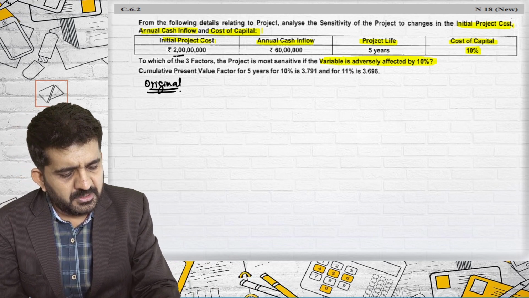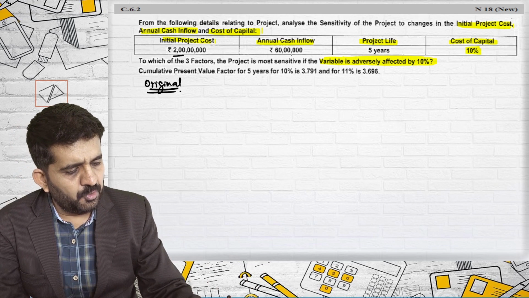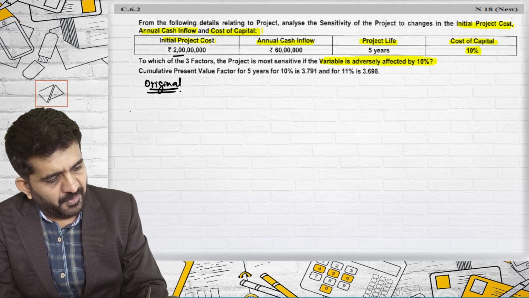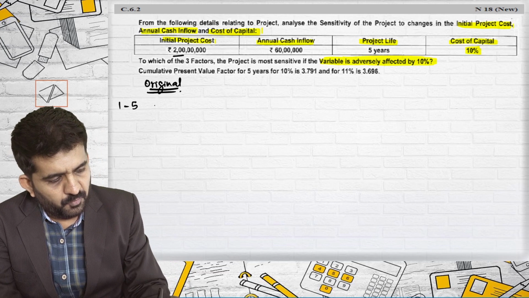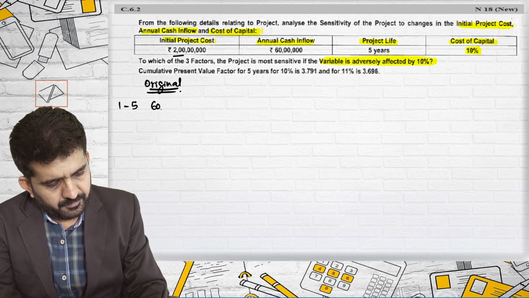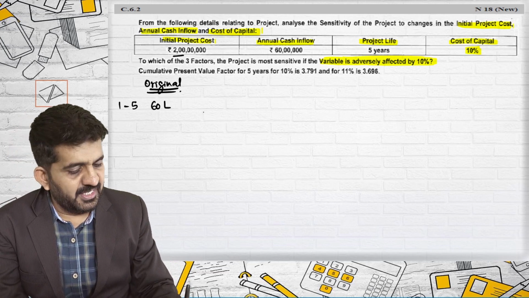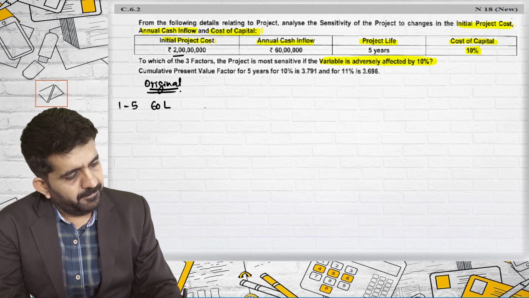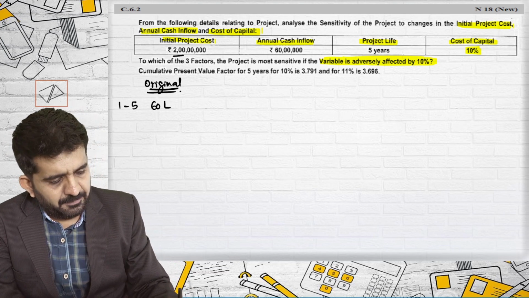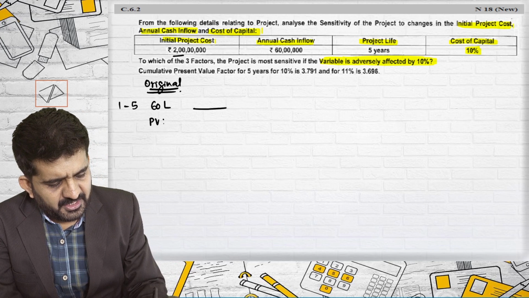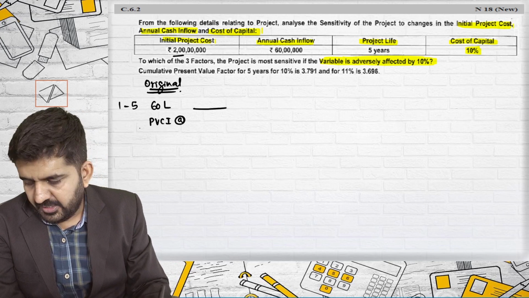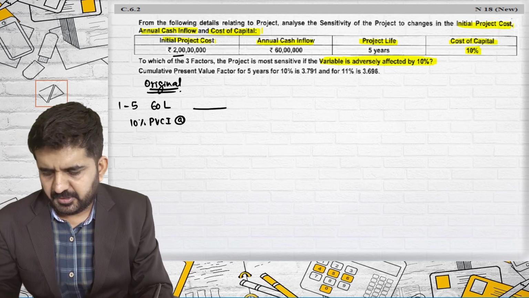So what will be my original? Cost is 2 crores. Annual cash flow is 60 lakhs from 1 to 5 years. Cost of capital is 10%. I will be finding out present value of cash inflow at the rate of 10%.